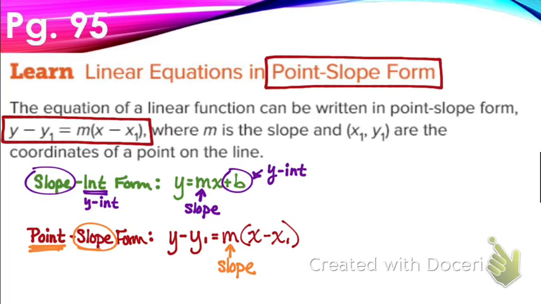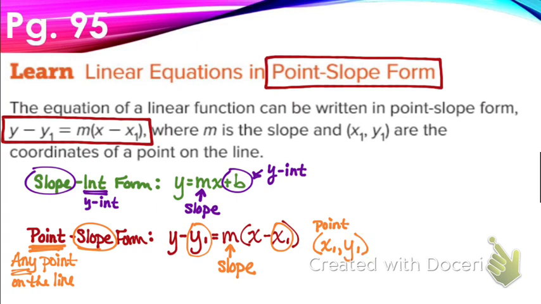With point-slope form, I need any point on the line. The point in point-slope form comes from y1 and x1. So our point is x1, y1.